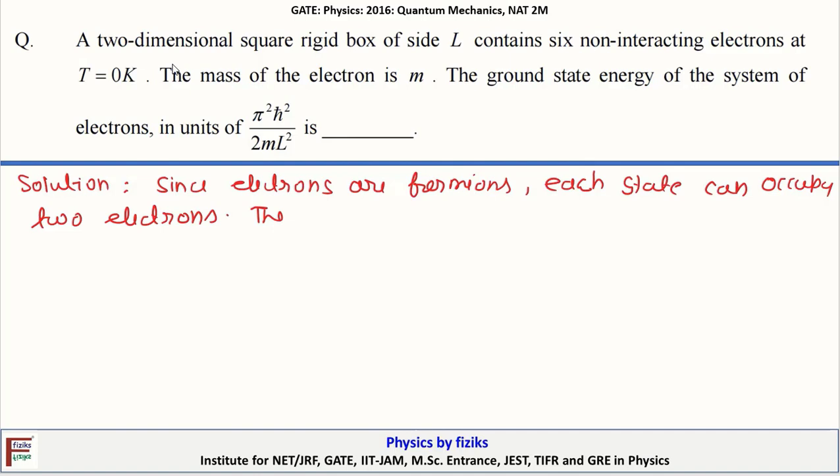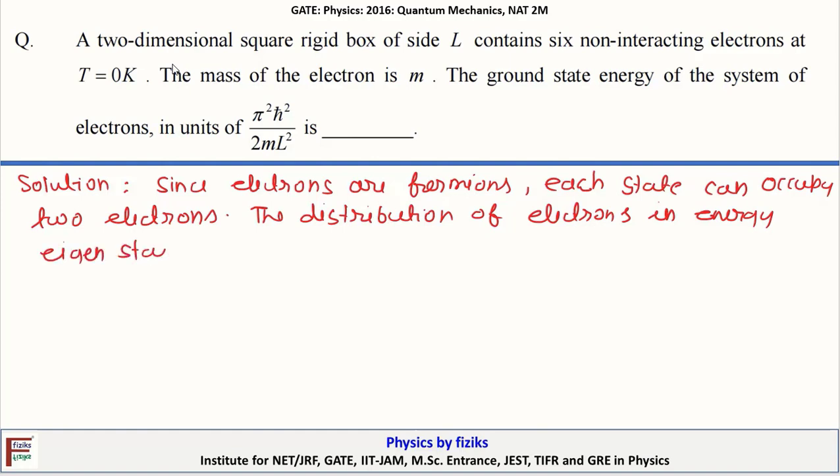The distribution of electrons in energy eigenstates is shown below.